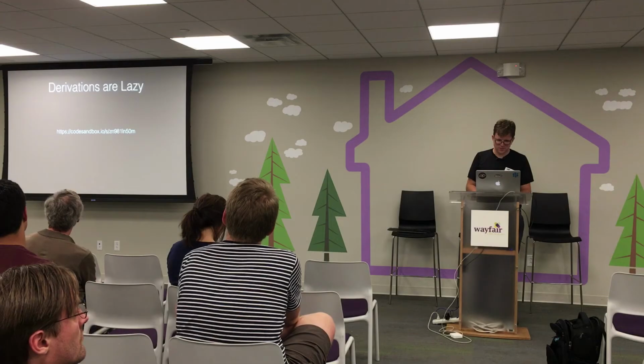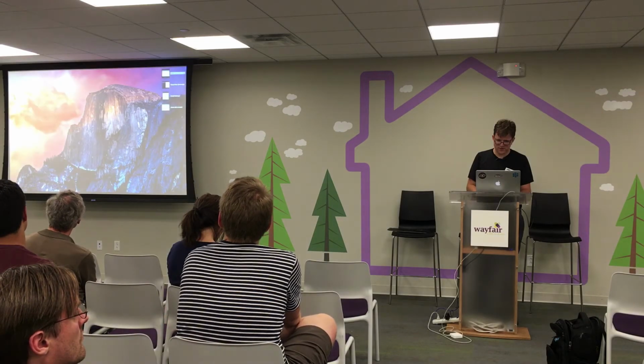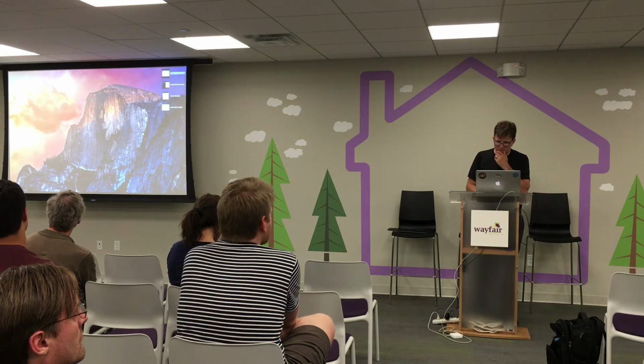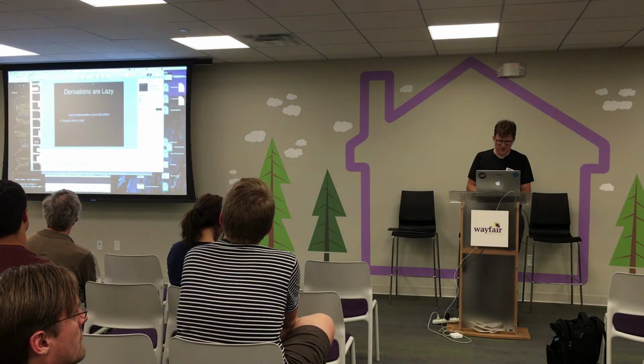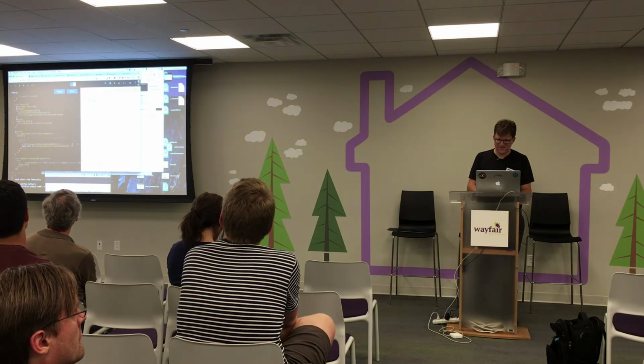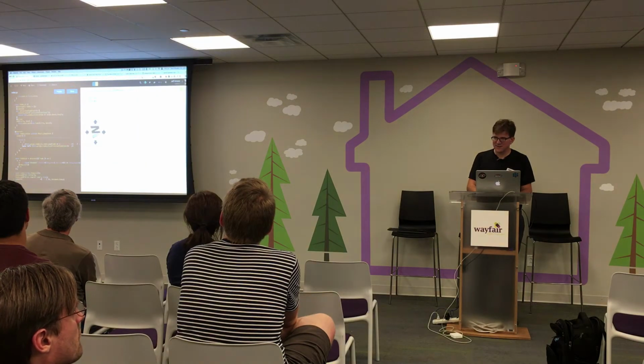Okay. Derivations. I'm going to try to jump into a little bit of demo. By the way, has anyone seen this site called, I think it's called codesandbox.io? This site? It's really, really good.